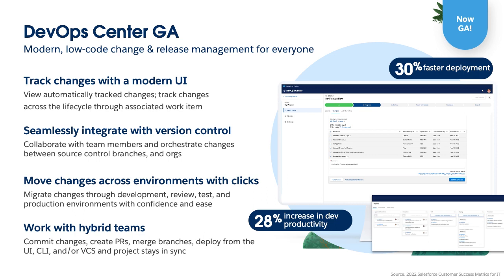That means making collaboration between release managers, admins, and developers stronger and easier. New capabilities have been added for the GA release. Check the Salesforce release notes to know more.